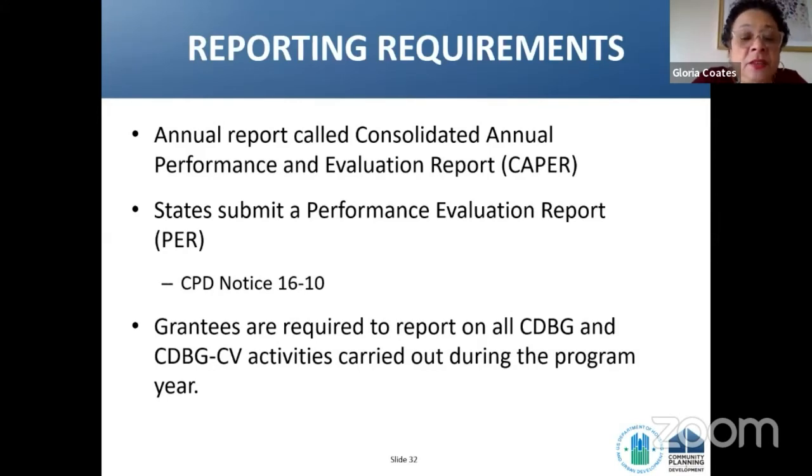And these activities didn't address coronavirus because they were started before the pandemic, and so they just continued to carry them out during the pandemic. They would still have activities to report on. They probably just weren't carried out with that year's money.